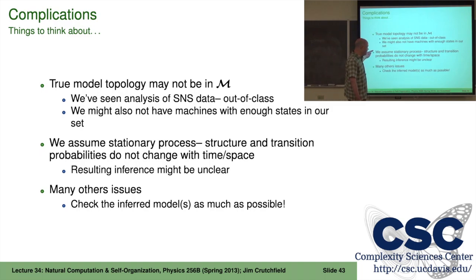And then, what if it's non-stationary? The transition probabilities or even the structure change over time, or if this is in space, over space. What does the resulting inference tell you? One of the things is that when you get to dealing with real data, you want, as much as possible, to have secondary checks.